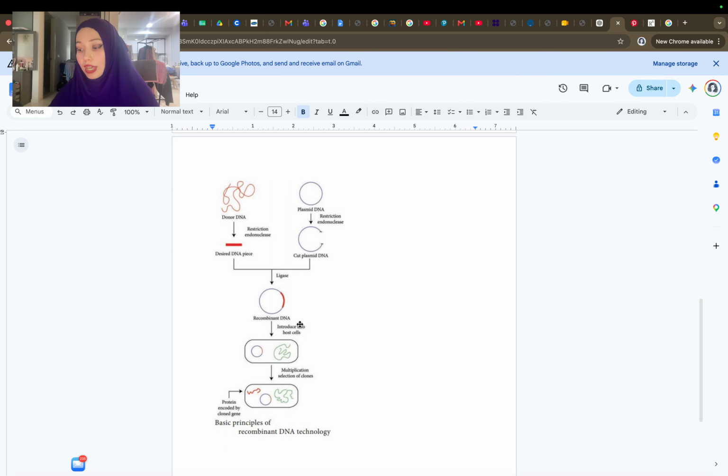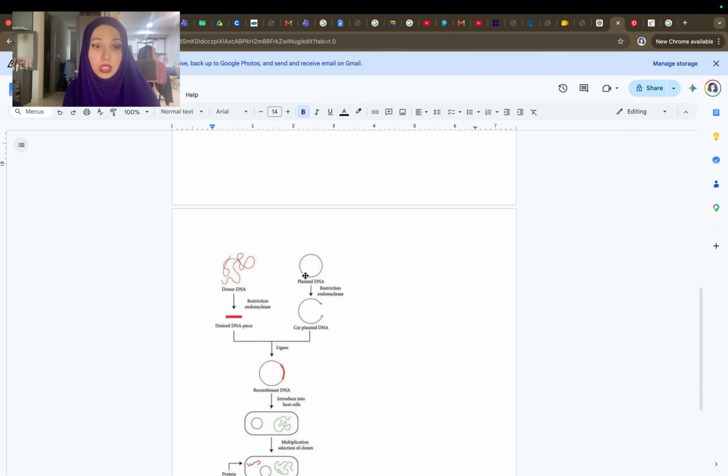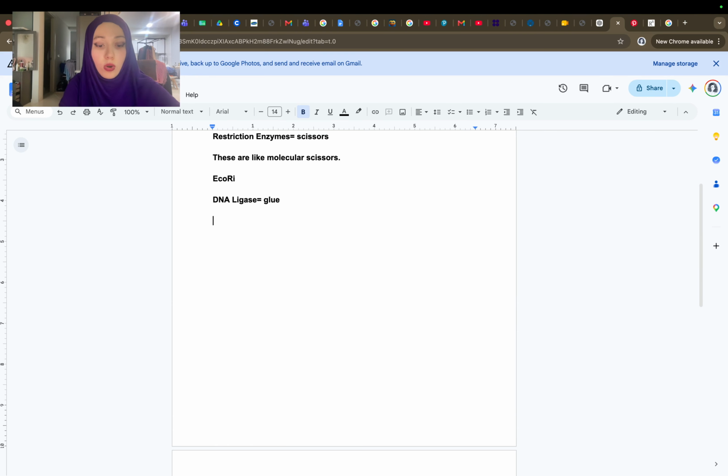So bacteria take up the plasmid, and this process is called transformation. The process of transformation is bacteria taking foreign DNA.